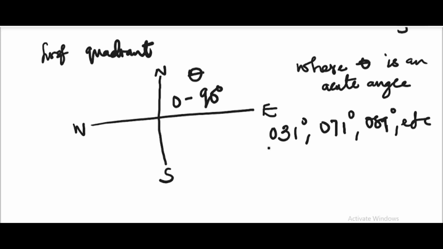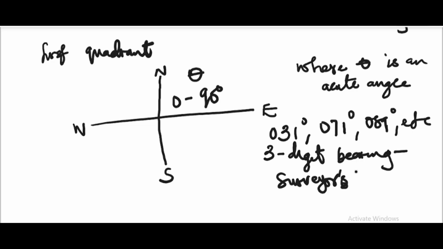So another name for this 3-digit bearing is the what? The surveyor's bearing. So when we look at examples, we'll talk about it more. So this is the one that surveyors use and not the compass bearing. Okay, so that's giving bearing in 3 digits. So if the bearing is now acute, acute is 2 digits. What do you do? You start with 0 just to make it up to 3 digits.